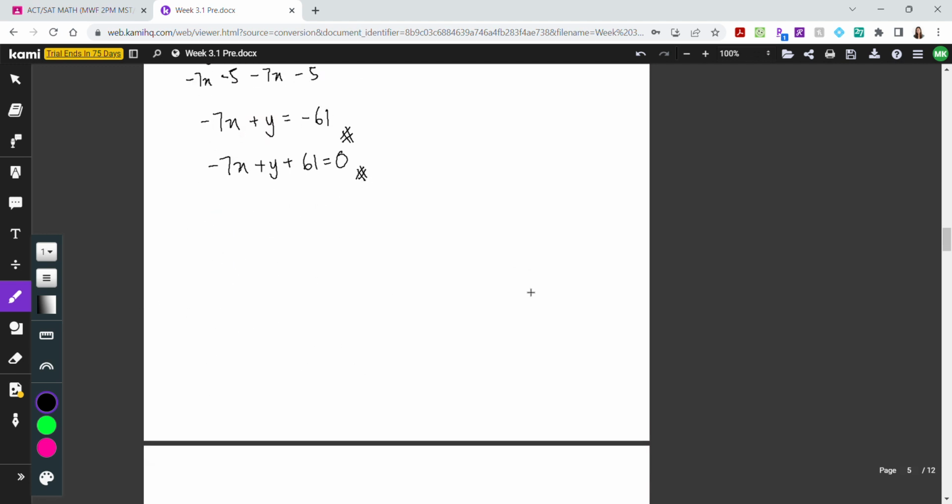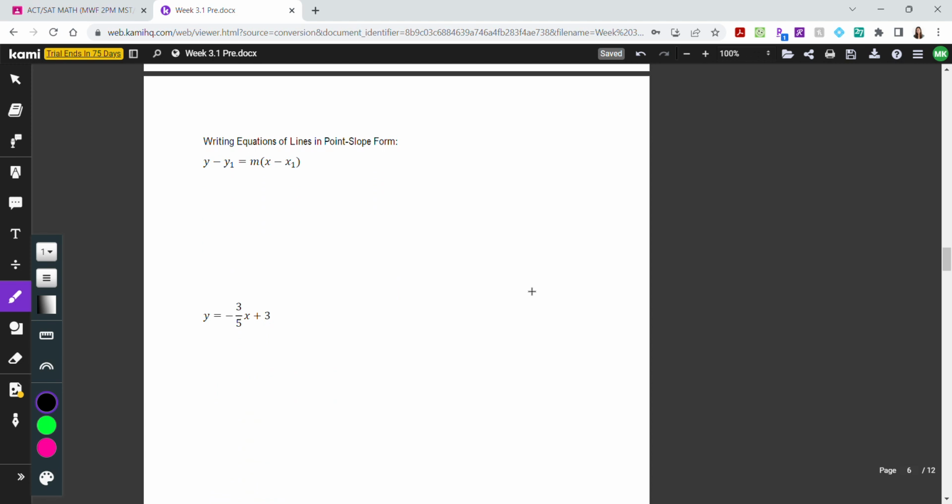All right. Now point slope form. So point slope form, as you can see, is given in this format. All right. So y1 is the y coordinate of a point that's on the line.